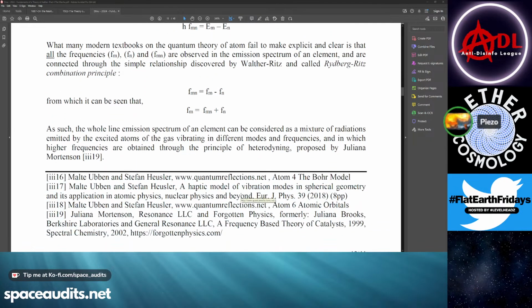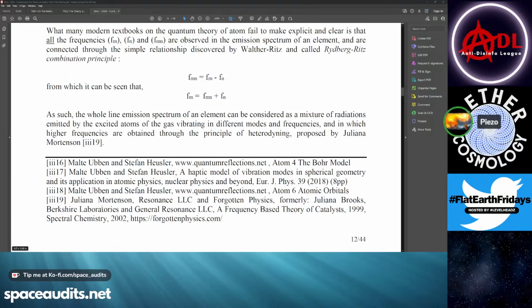What many modern textbooks on the quantum theory of the atom fail to make explicit and clear is that all the frequencies f sub m, f sub n, and f sub mn are observed in the emission spectrum of an element and are connected through the simple relationship discovered by Walther Ritz, called the Rydberg-Ritz combination principle: f sub mn equals f sub m minus f sub n, and plus.